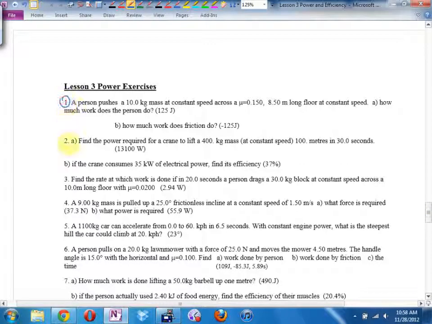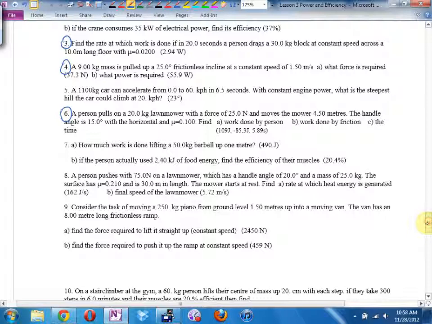Number 1, 2, 3, 4 is good. 6 is good. I skipped 5. 7 is good.